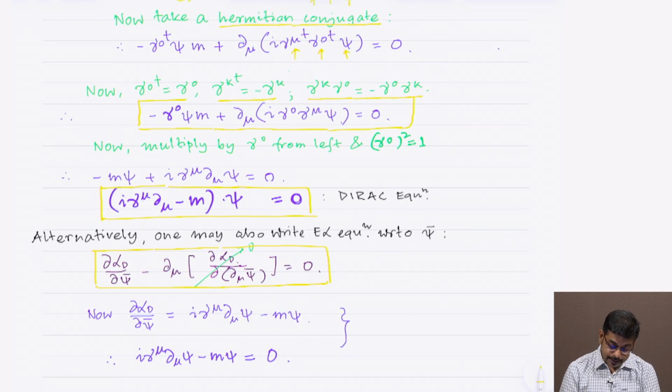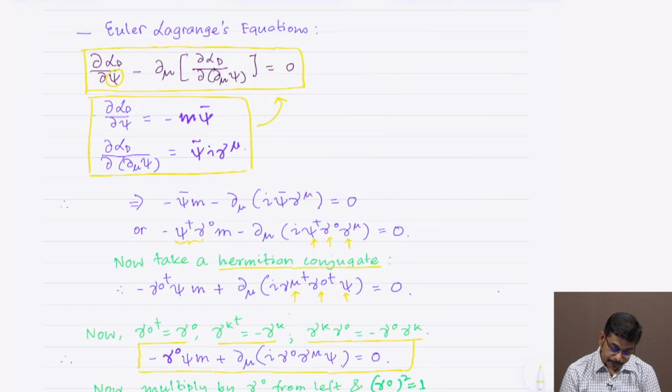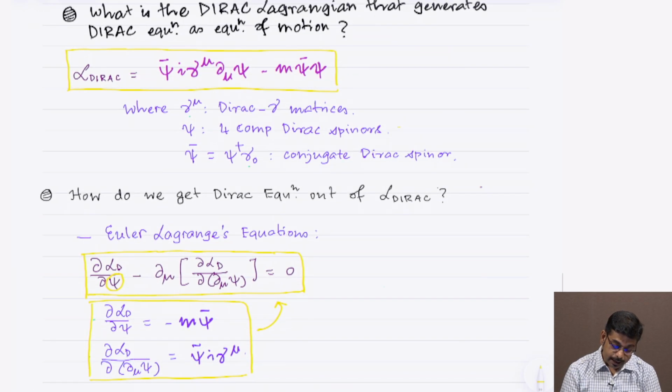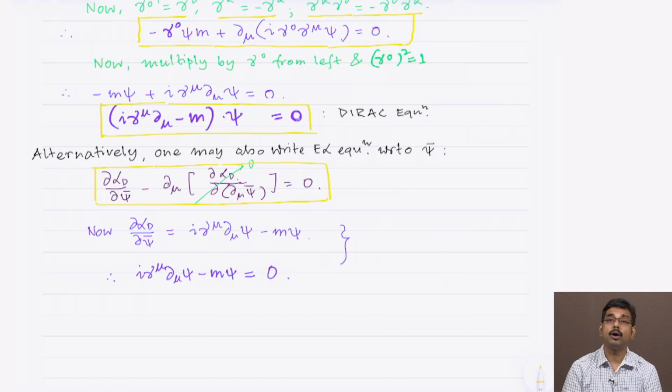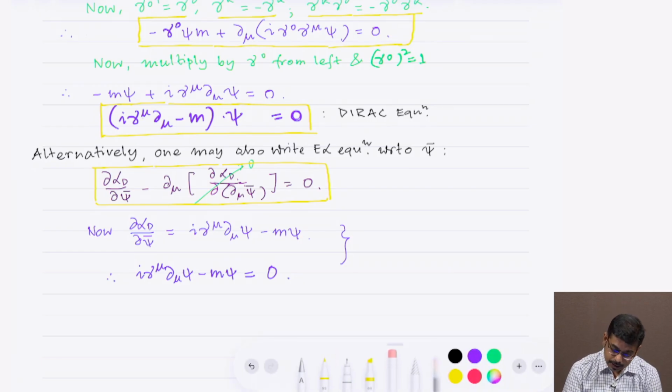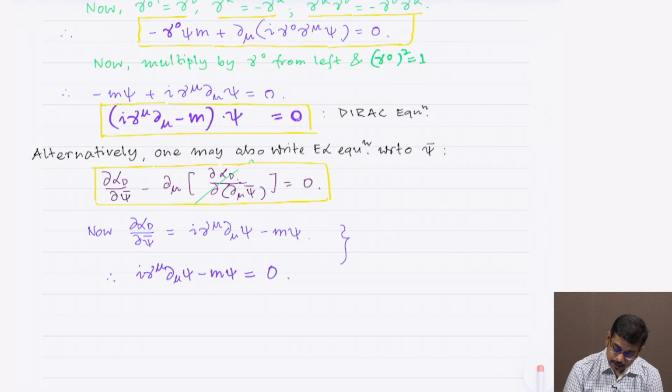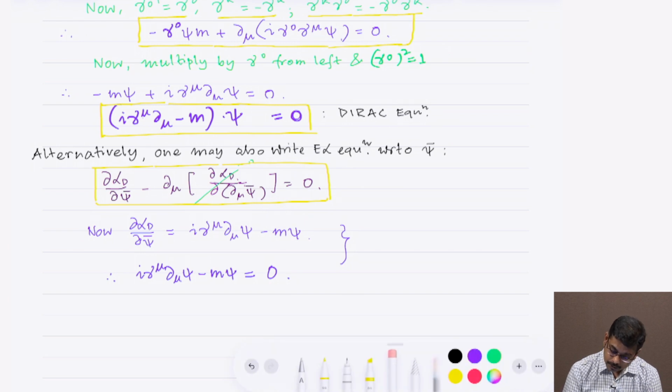But the point is, here you can observe from the Lagrangian that there is no del mu psi bar term at all. So therefore this second term, del mu of del L by del of del mu psi bar, actually goes to 0. If I write it once more, this term actually goes to 0.